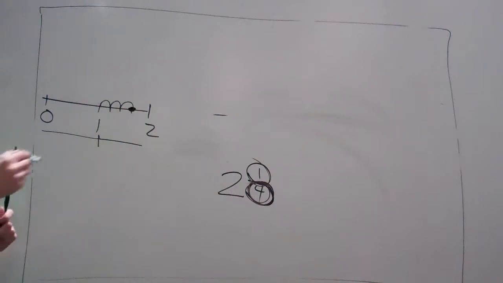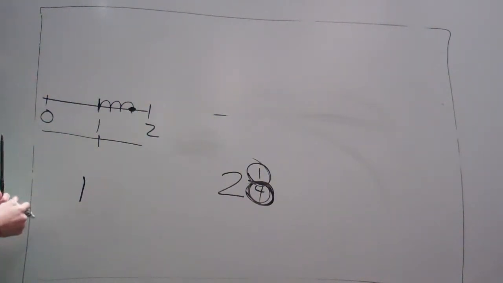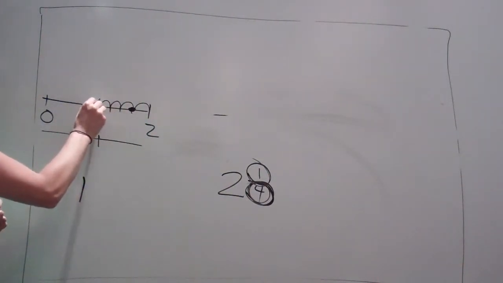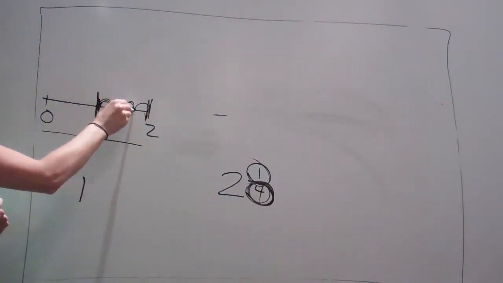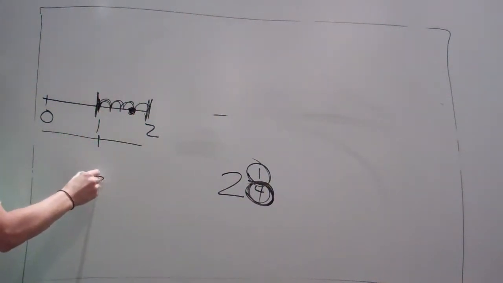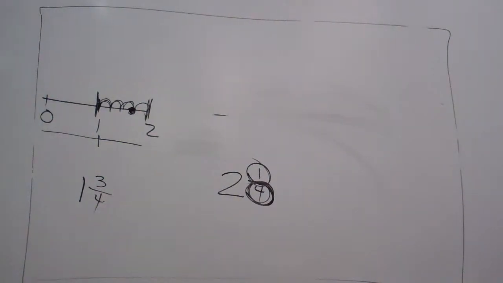Nicholas. It's 1 and 3/4. Very good. There are 4 jumps total from 1 to 2, and there are 1, 2, 3. It's on the 3rd spot out of 4. Does everybody understand how we answer that problem? Yes. Okay, good stuff.